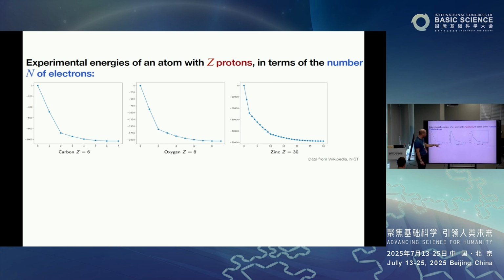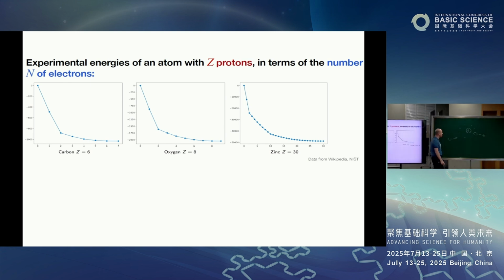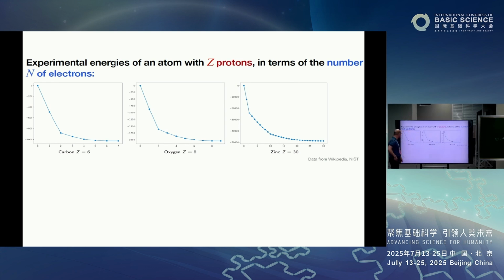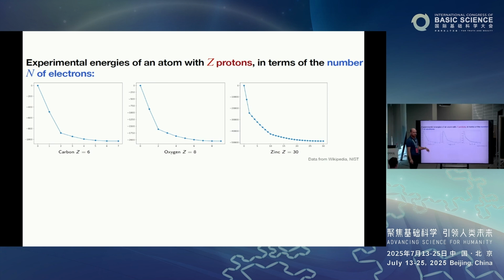For example, take carbon. Here Z tells you the positive charge of the nucleus, so how many protons are in the nucleus of your atom. Carbon has 6 protons and 6 electrons, and then you start adding electrons and you plot the energy. This is the experimental energy that you have with your atom with 6 protons. This is for oxygen, and this is for zinc.